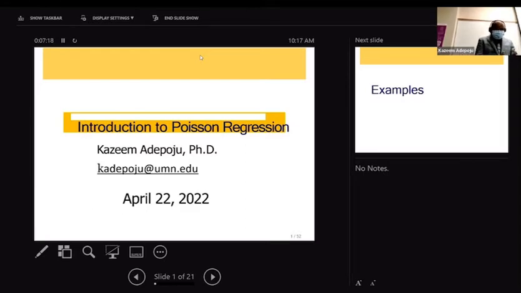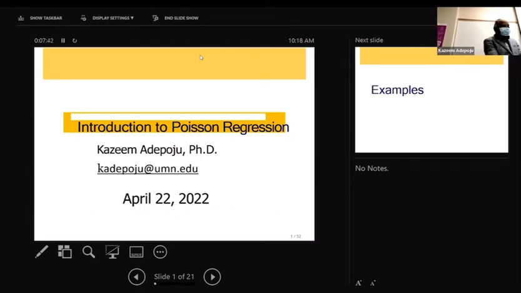I also walked you through a situation whereby the two variables are categorical: the response variable is categorical, and the predictor variable is also categorical. We can use a chi-square test, and we call that kind of situation analysis of categorical variables.